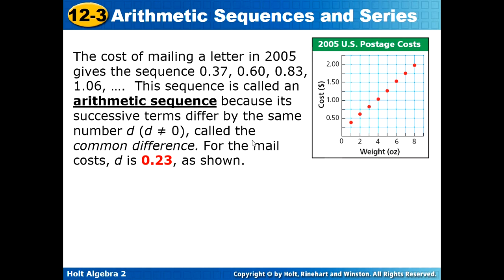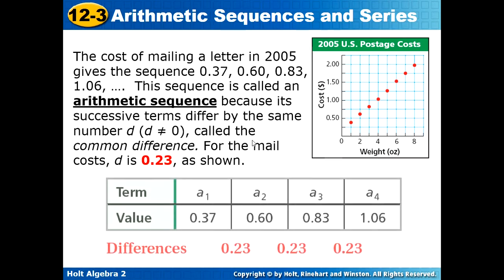We call this the common difference. For the mail cost, the difference between each number in the sequence is 0.23. Okay? So if it's an arithmetic sequence, it has a common difference between each term. So here we go. Here is term 1, 0.37, term 2, 0.60, term 3, 0.83, term 4, 1.06. The difference between each one is 0.23.